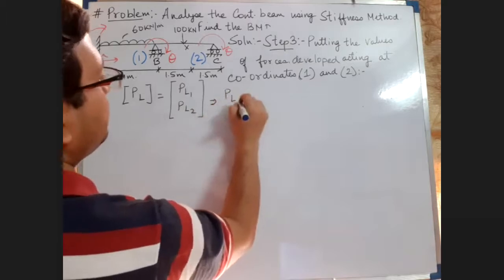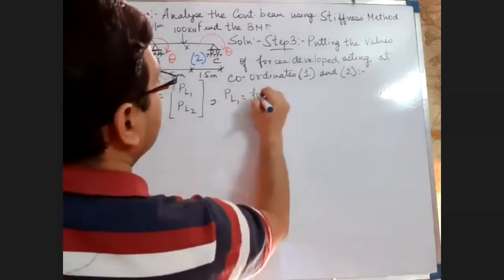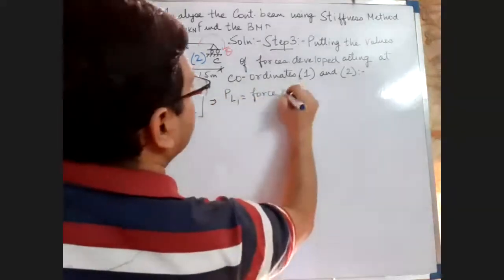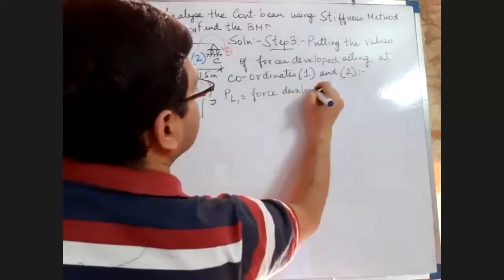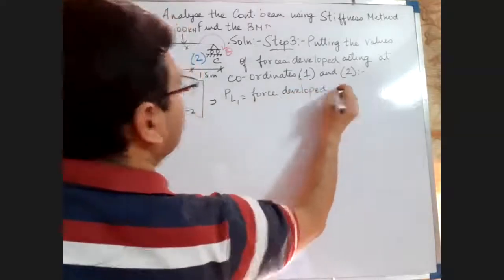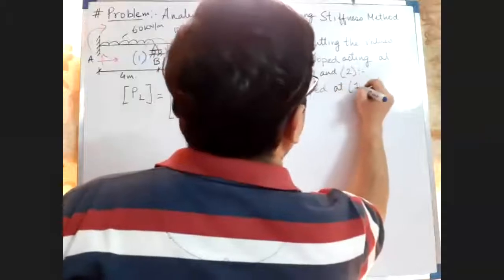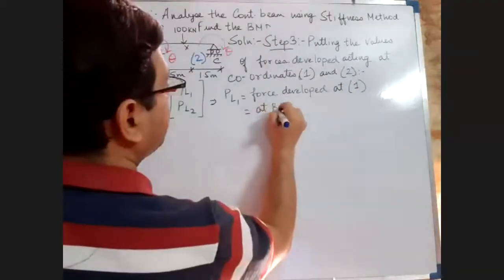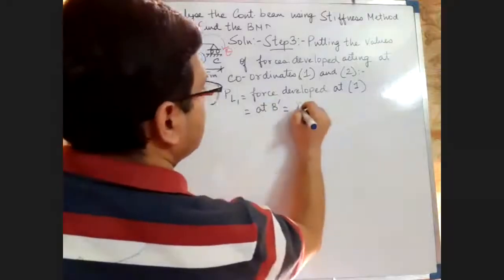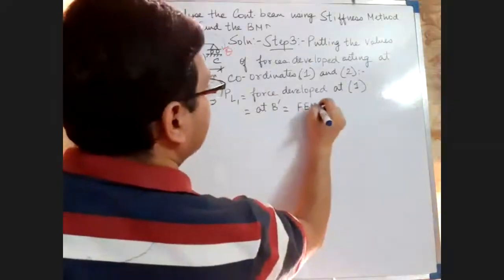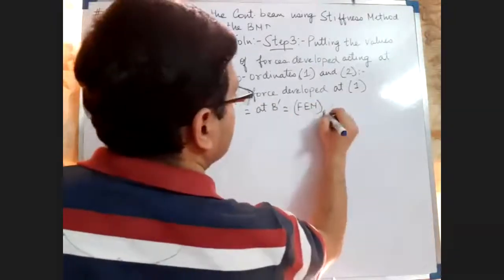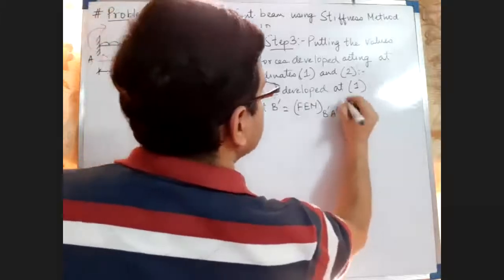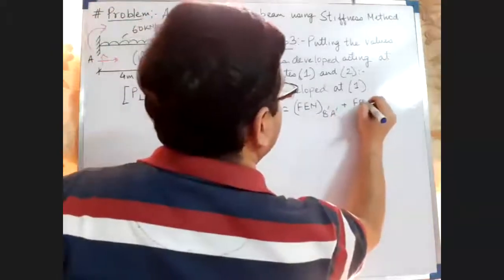PL1 is the force developed at coordinate 1. How will we calculate it? Coordinate 1 means point B, that is B dash. So we will add the fixed end moments of this point, FEM B dash A dash plus FEM B dash C dash.